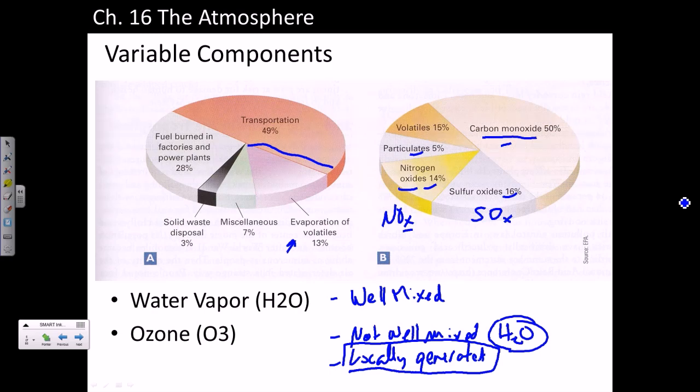So this is 100%, and then if you were to look at transportation, some different proportion is going to come from volatiles, nitrogen oxides, sulfur oxides, carbon monoxides, and it'll be within this sort of 1% of the transportation material. So the components are on the right, and the total distribution of how we make them on the left-hand side.